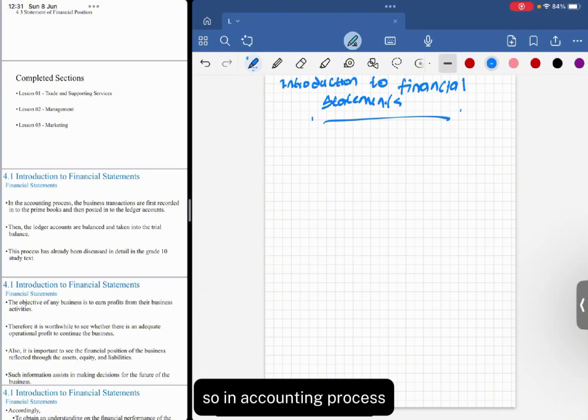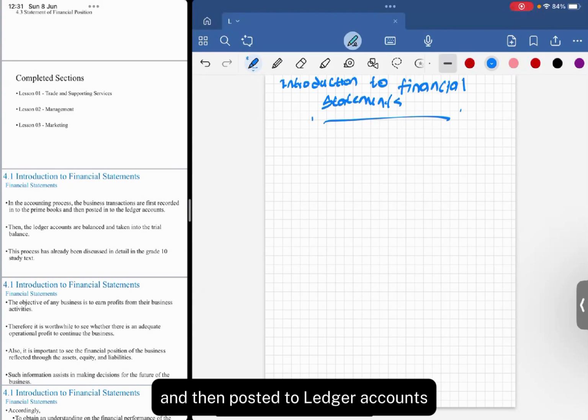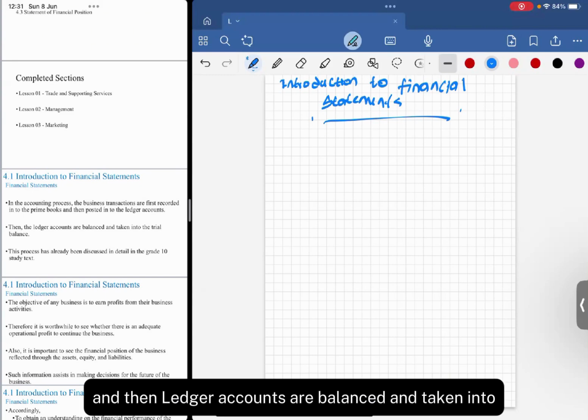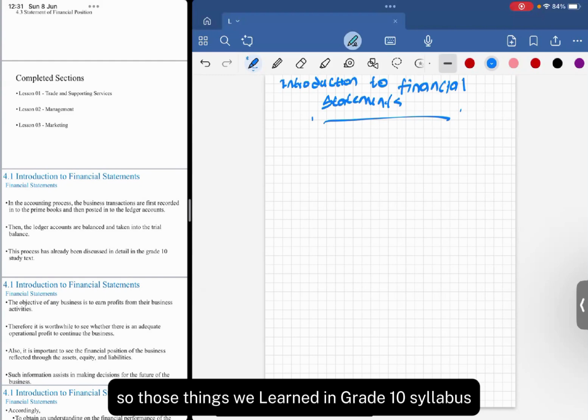Okay. So in the accounting process, the business transactions are first recorded in prime books and then posted to ledger accounts, and then ledger accounts are balanced and taken into trial balance. Those things we learned in the grade 10 syllabus. So initially, first we record them in prime entry books.